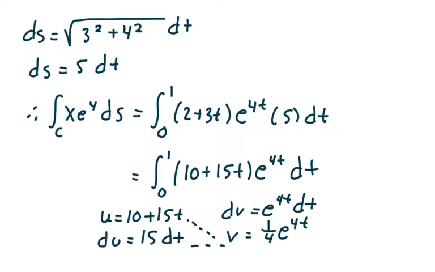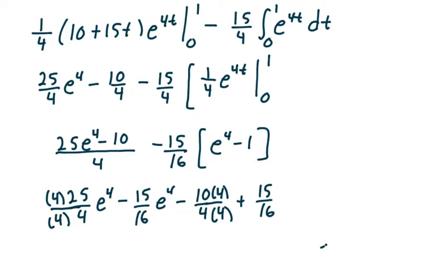So, right, uv minus the integral of v du. So I think about it like a zigzag. And that's what I did over here. So I take 1/4 of 10 plus 15t times e to the 4t evaluated from 0 to 1 minus 15 over 4 times the integral from 0 to 1 of e to the 4t dt.